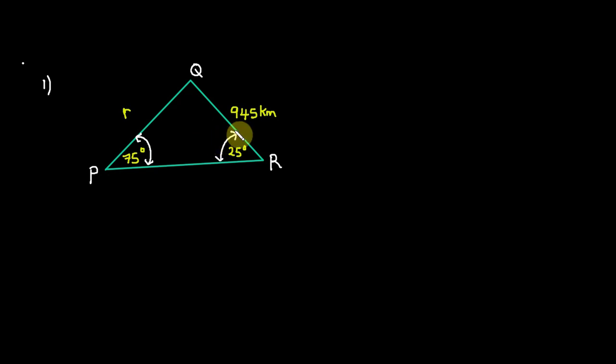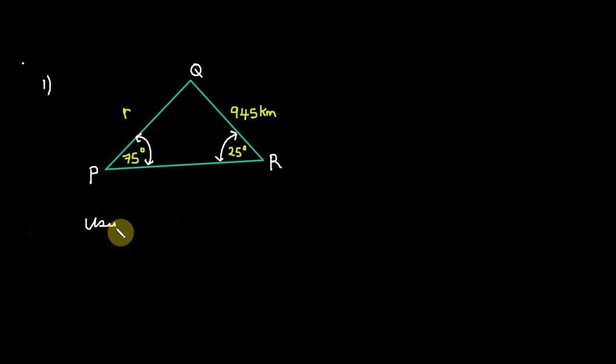So we're given a complete side and angle, and given the angle we're asked to find the opposite side. Now, we eliminate what we do not need. So we're not asked to find angle Q, we are not asked to find side Q. So we eliminate Q. So we only use P and R. And this is what we start with.